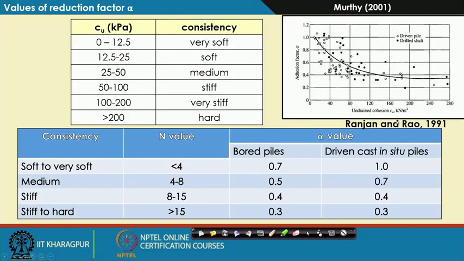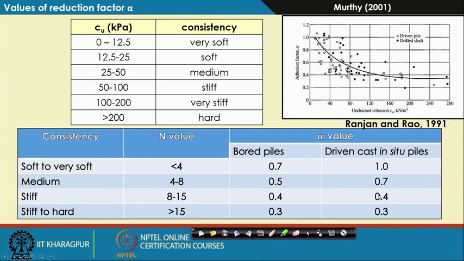I will get it from this table: if the soil is soft to very soft, then for the driven pile it is 1, medium it is 0.7, stiff it is 0.4, stiff to hard it is 0.3, which we can identify based on the Cu value. We also have a graph, from which we can get the adhesion factor if I know the cohesion value.